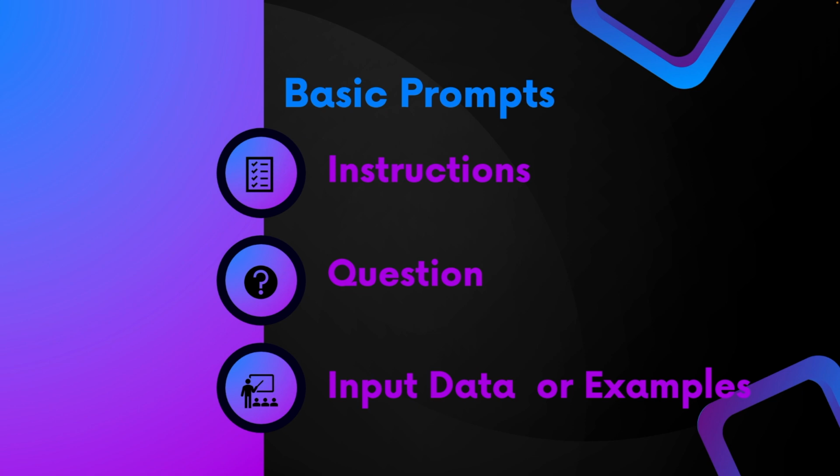Let's talk about basic prompt engineering. A prompt can be in the form of an instruction or question. Along with those instructions and questions, you could pass in input data or examples. Those input data and examples would assist the model to provide answers to your questions or responses to your instructions better.